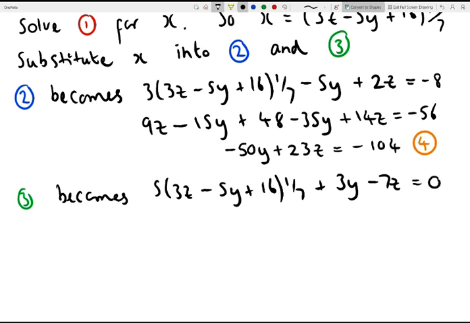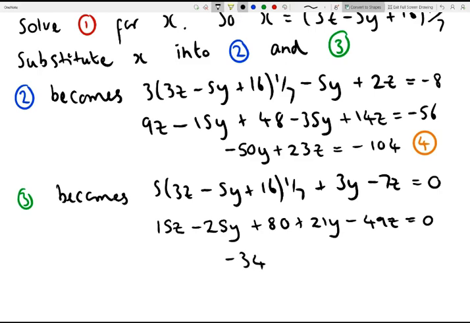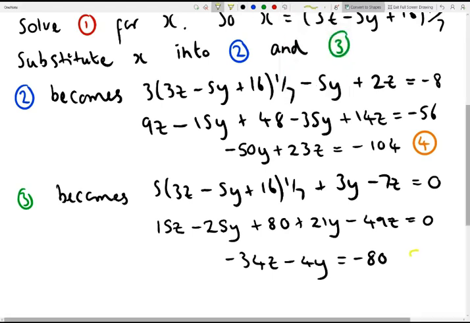Now multiplying this out and again multiplying by 7, we've got 15z minus 25y plus 80 plus 21y minus 49z is equal to 0. And finally, simplifying this again, we've got minus 34z minus 4y is equal to minus 80. And we can label this equation 5.